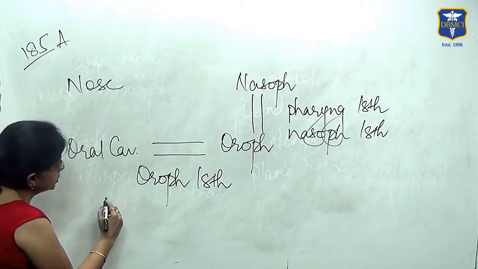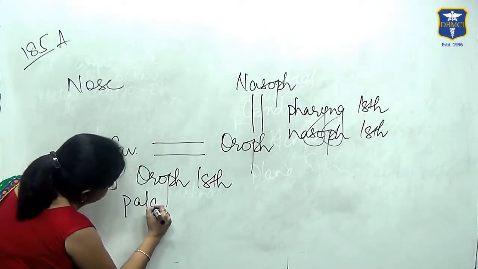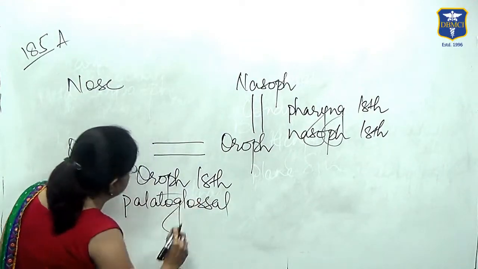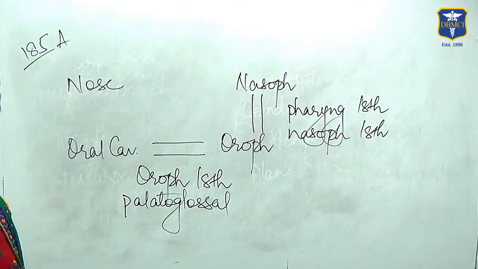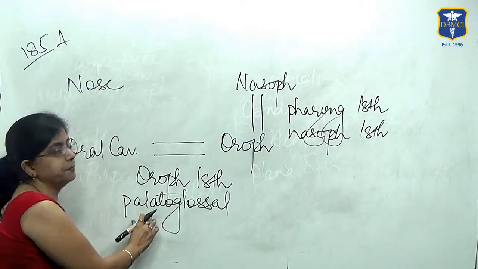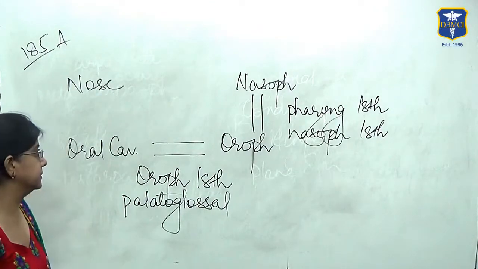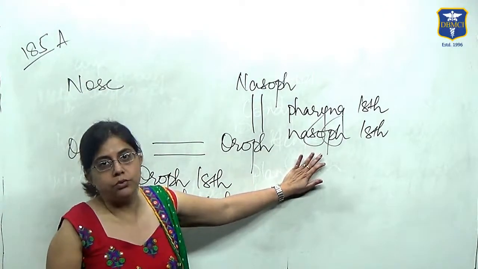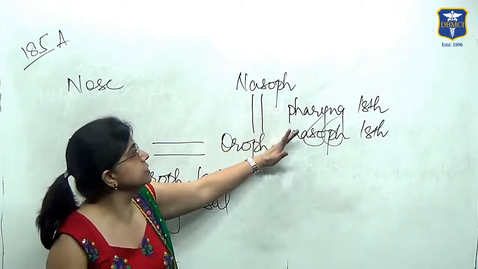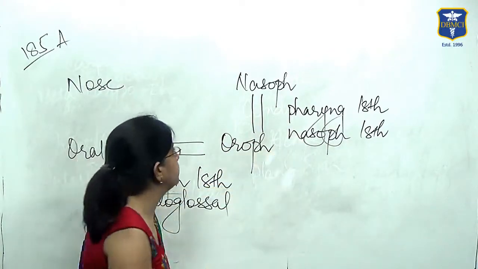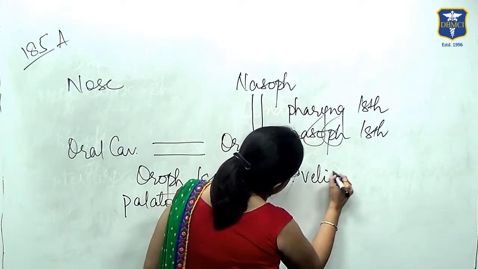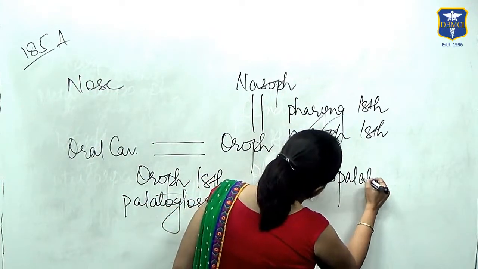The oropharyngeal isthmus is bound by the palatoglossal arches. So, it is closed by the contraction of the palatoglossus muscle. The pharyngeal isthmus is closed by the elevation of the soft palate, which is by levator veli palatini or levator palati.